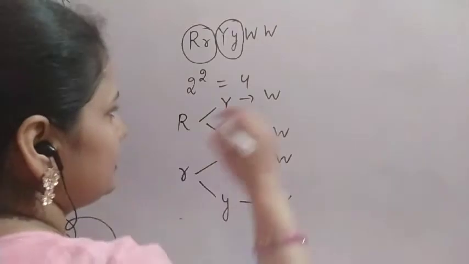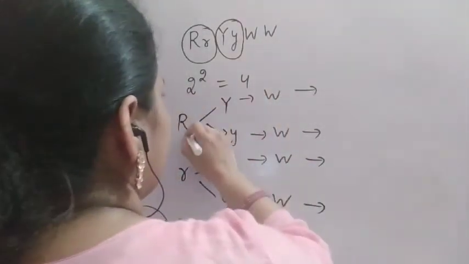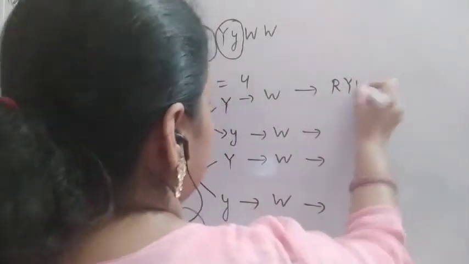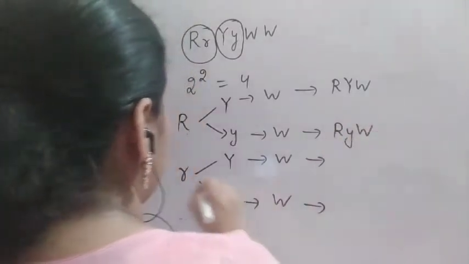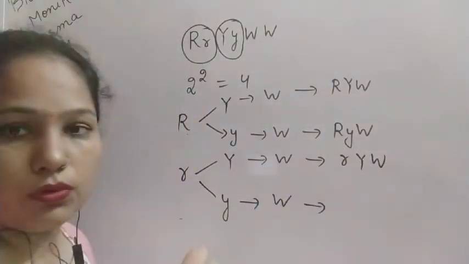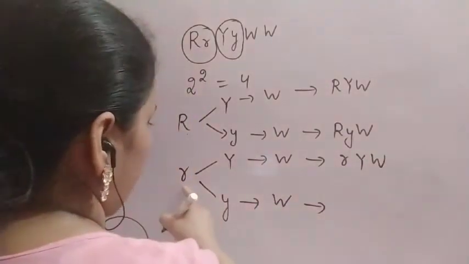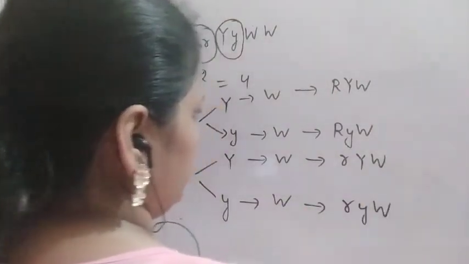Now what are the gametes? Capital R, capital Y, capital W; capital R, small y, capital W; small r, capital Y, capital W; small r, small y, capital W. I think you are understanding.